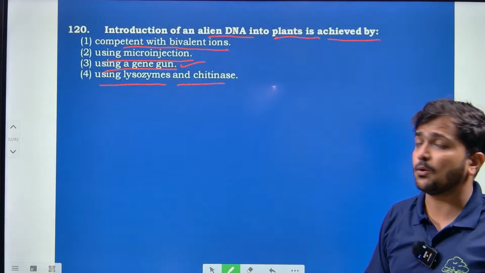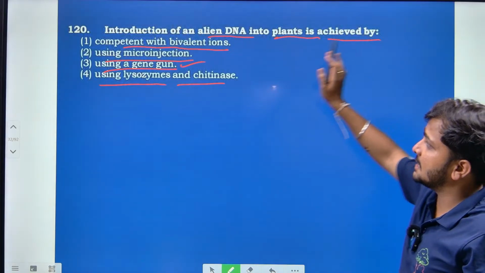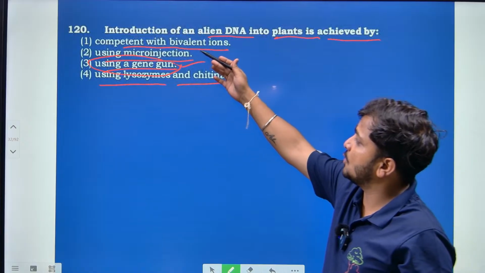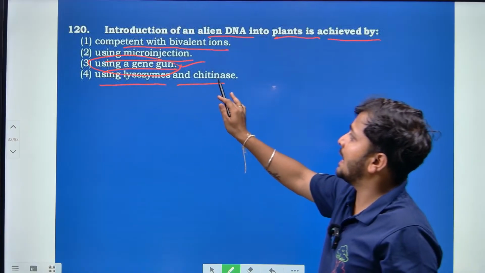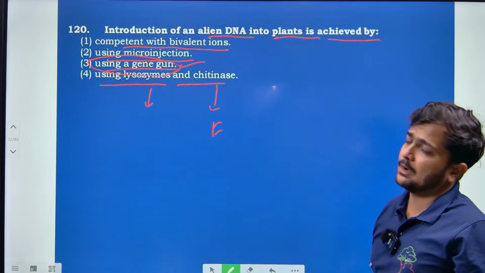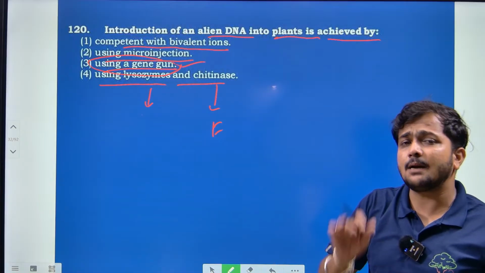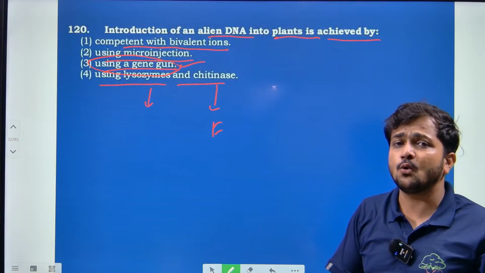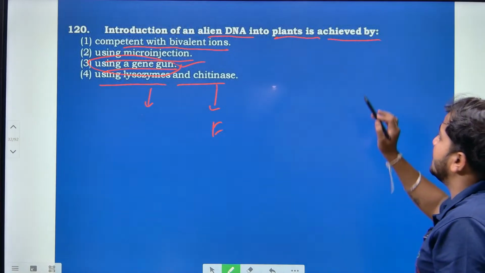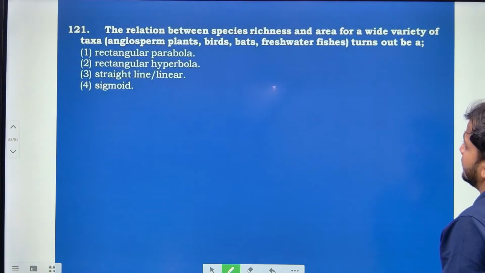Direct introduction of alien DNA into the plant is achieved using the gene gun method, not micro injection. Lysozyme and chitinase degrade the bacterial cell wall and fungal cell wall. And the bivalent ion makes cells competent by creating pores in the cell. So the third option is correct.